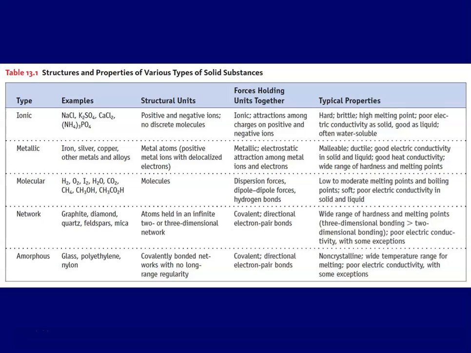And then amorphous is dealing more with your entropy side of things: glass, polyethylene, nylon. These are covalently bonded networks, but they don't have a consistent pattern that we see in the network covalents.